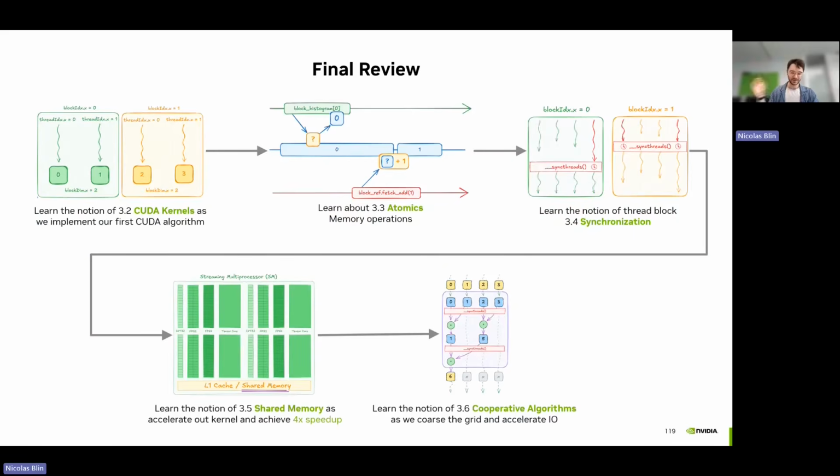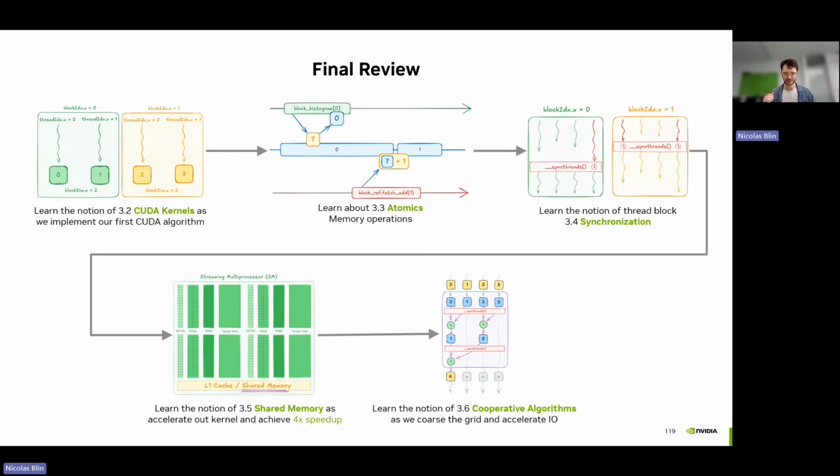Finally, we have learned through this section how to write our own CUDA algorithm. So we have found out that we need atomic operations and synchronization primitives to avoid data races. And we saw how using privatization could reduce the contention when we're doing a lot of atomics on the same memory location, and improve performance.